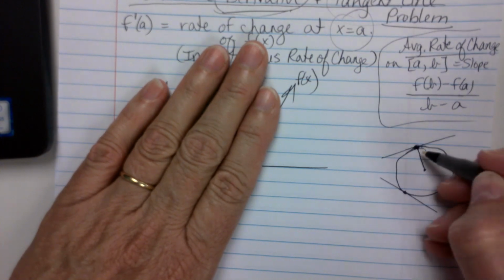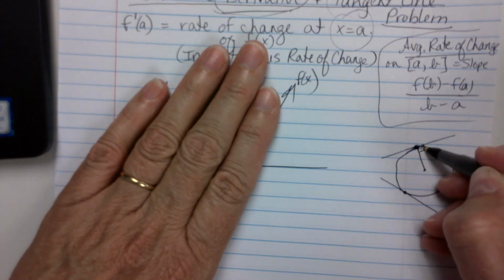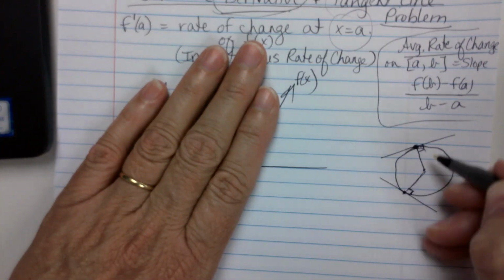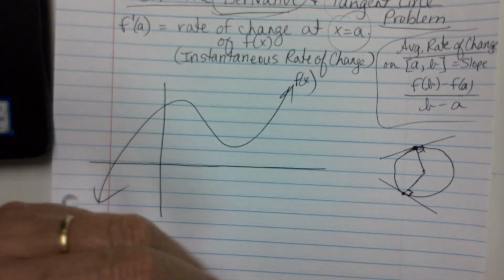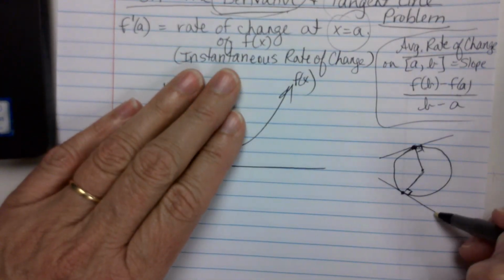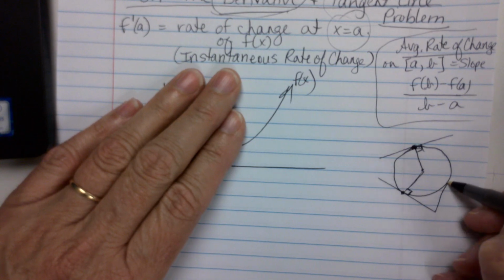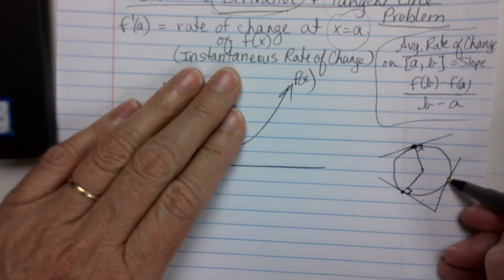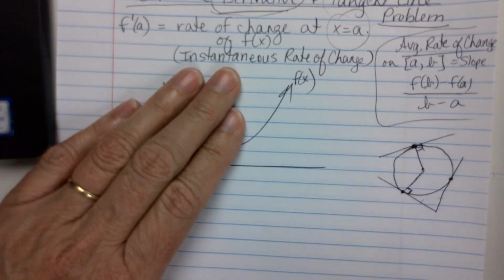Any tangent line is actually perpendicular to the radius at the point of tangency right there. And there were other theorems, like if you had two tangent lines from a point, they had to be equal. The distance from that point to that point of tangency had to be equal.